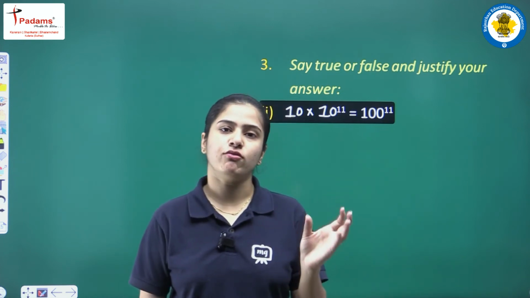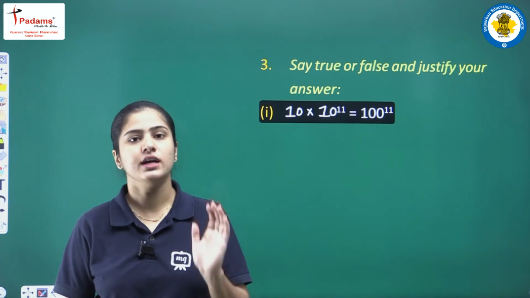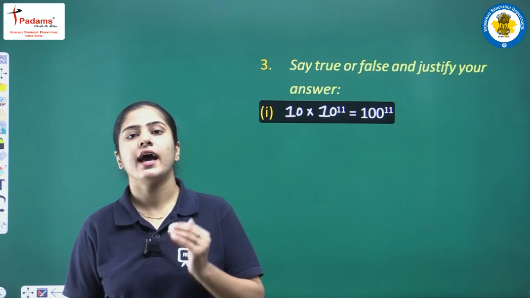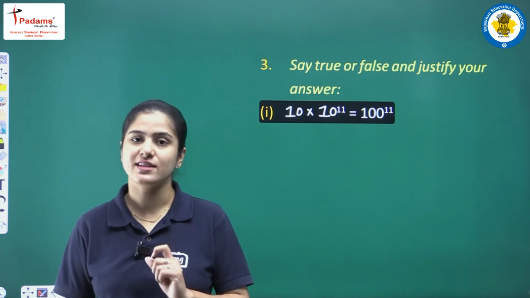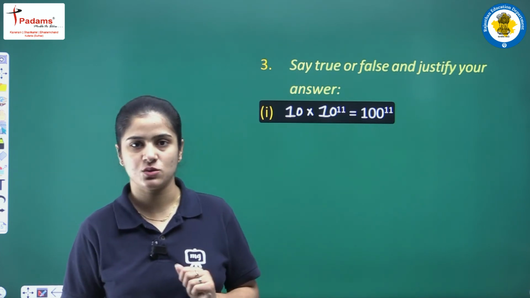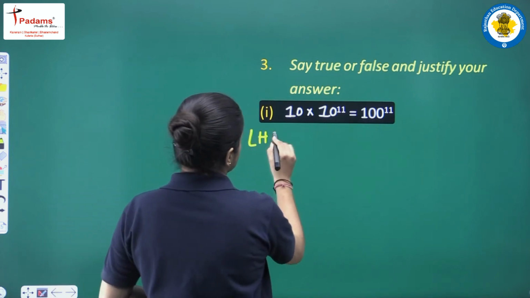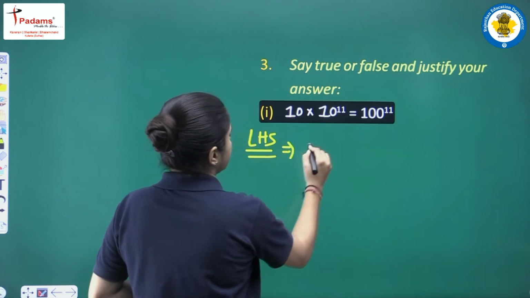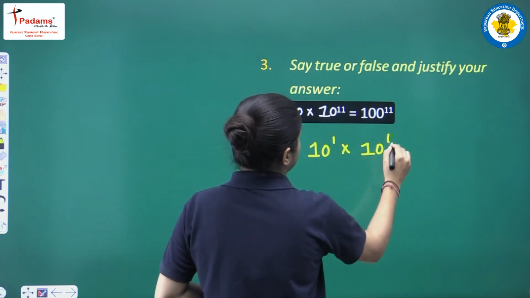And after that, if left hand side is equals to the right hand side, then it means that our answer is true, and it is justified. And if the left hand side is not at all equal to the right hand side, it means that your answer is not at all justified, right students? So firstly, have a look at the left hand side students. So your LHS is 10 raised to power 1 into 10 raised to power 11, right?